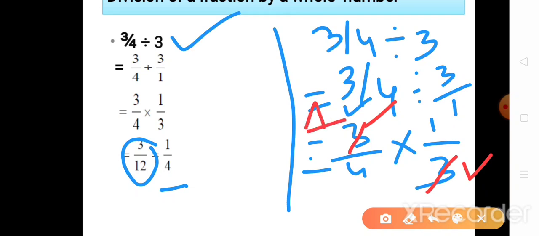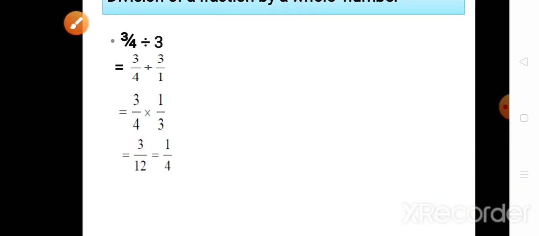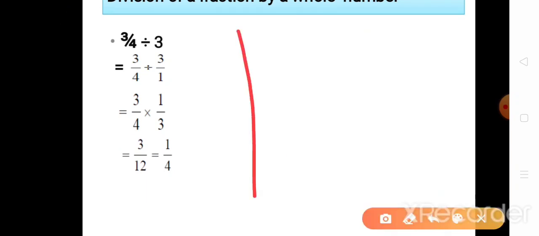But in the other case, we cannot divide 1 by 4. It is not going to give us a proper quotient, right? Therefore, we have to stop our division here.